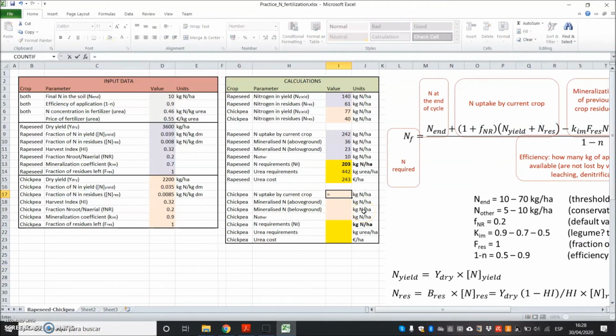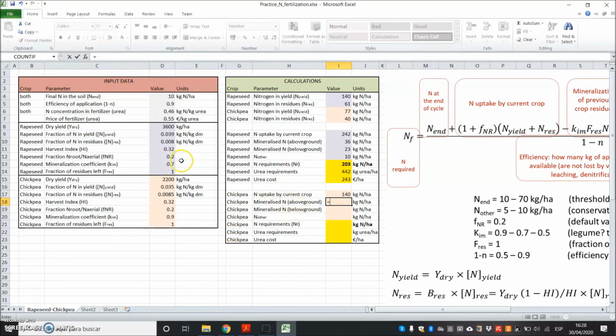So the uptake of nitrogen by the chickpea will equal 1 plus the fraction of nitrogen in roots multiplied by the total nitrogen content. 140 kilograms per hectare. Mineralization will rely on the residues of the previous crop, which is rapeseed.